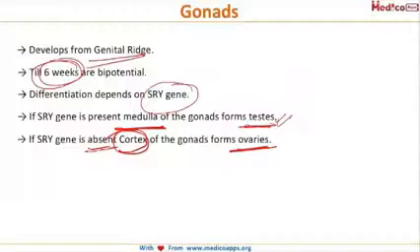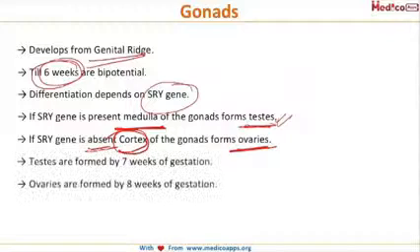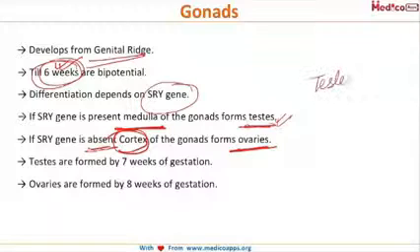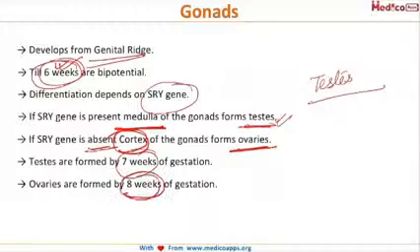Now, the other thing that you need to remember is till 6 weeks, they are bipotential. So if the SRY gene is present, then it will lead to the development of testis at 7 weeks of gestation. And if this SRY gene is absent, then in the next week, if the testes are not formed, then these gonads will develop into ovaries at 8 weeks of gestation.